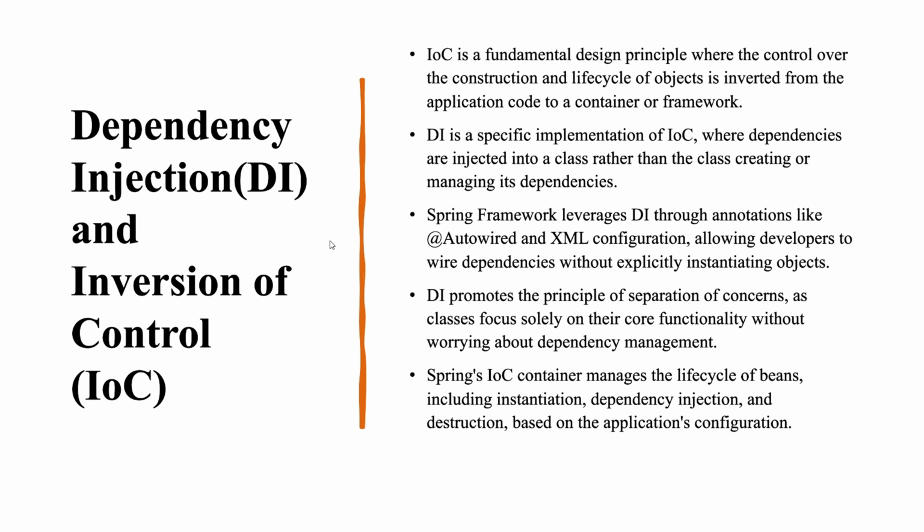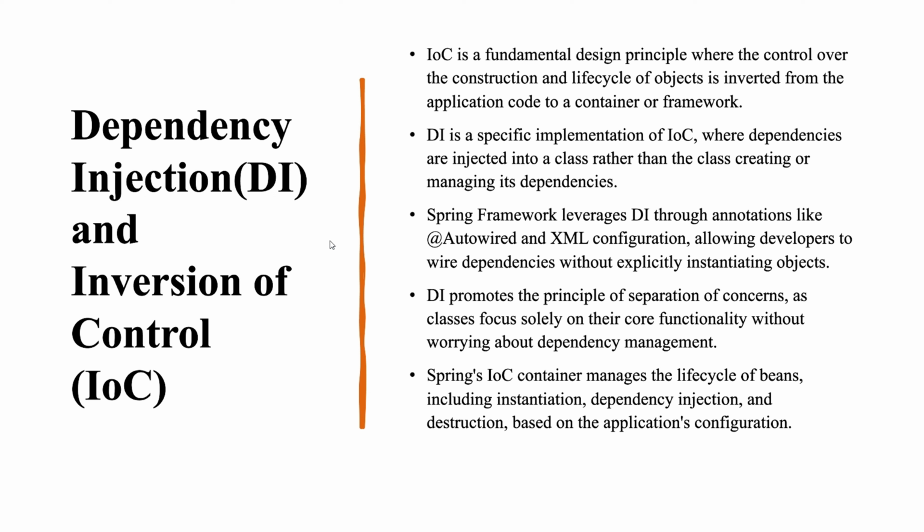By leveraging bean scopes and profiles, developers can customize the behavior of their Spring application to meet specific requirements in different runtime environments. Spring also supports custom bean scopes, allowing developers to define their own scopes tailored to specific use cases.